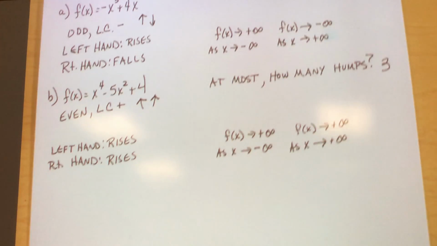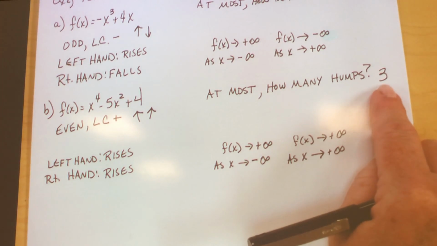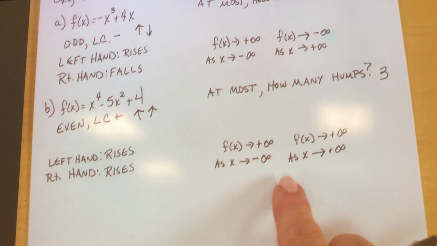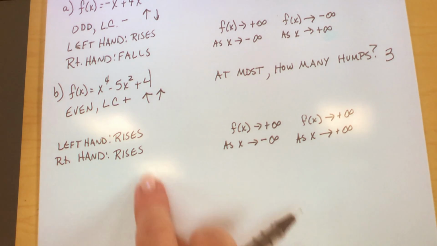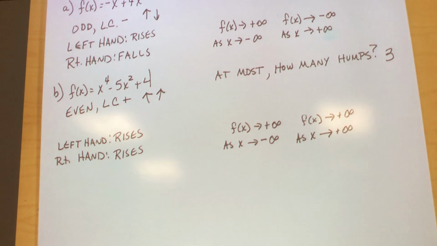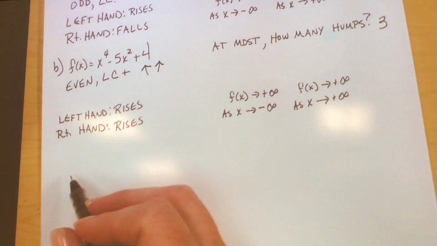That is the exponent. And those 4 times could make those 3 humps, changing directions. If you change directions, going down, going up, there's that 1 hump. Okay?